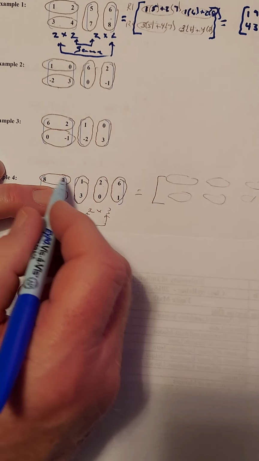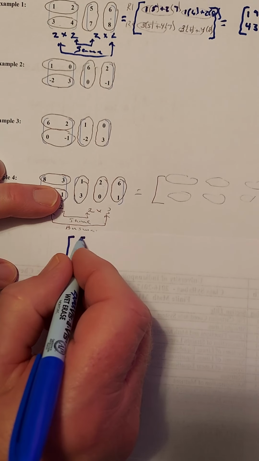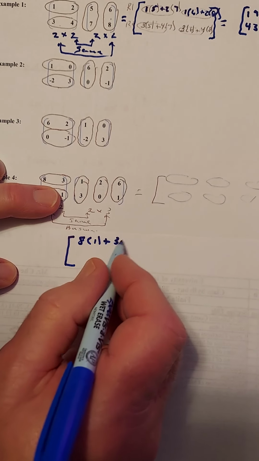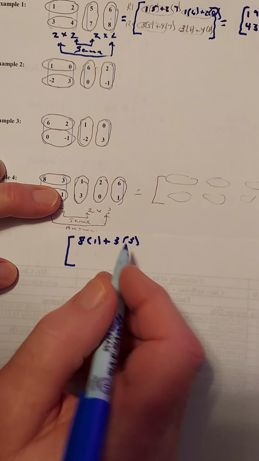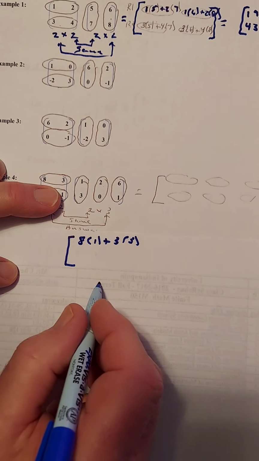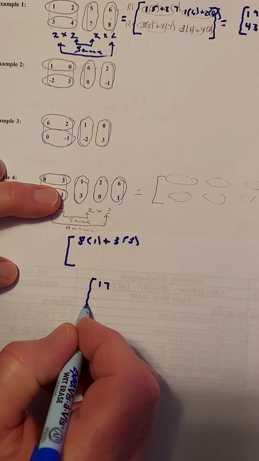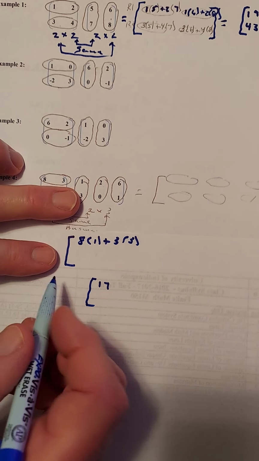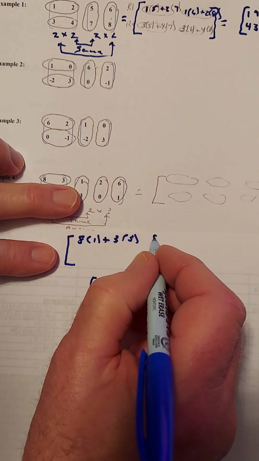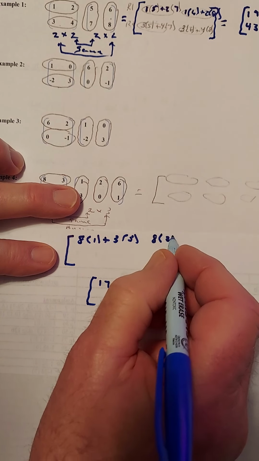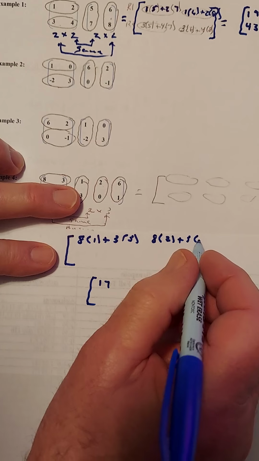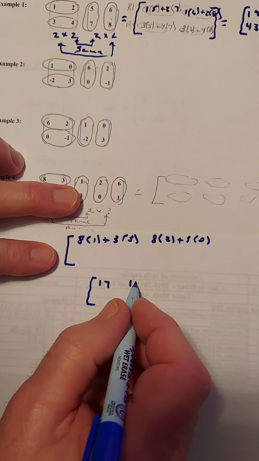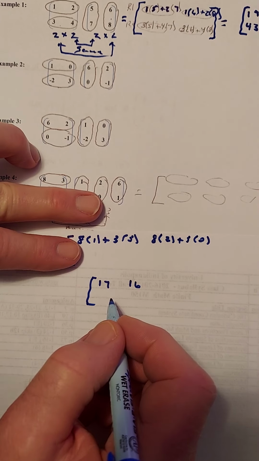Okay, so first row, first column. So that's 8 times 1 plus 3 times 3. That's 8 plus 9 is 17. First row, second column. So I got 8 times 2 plus 3 times 0. 16 plus 0 is 16.